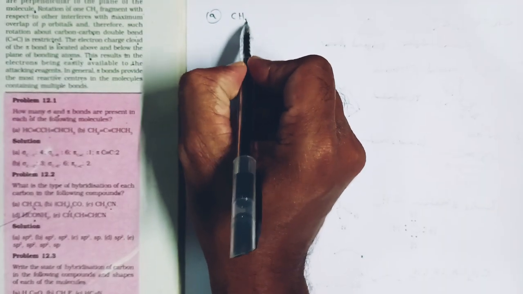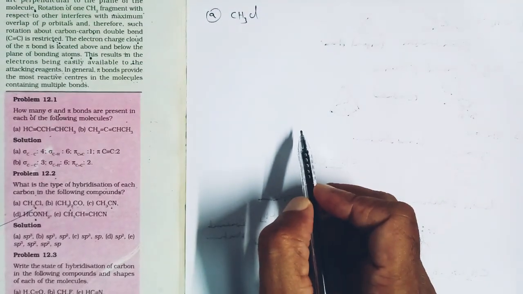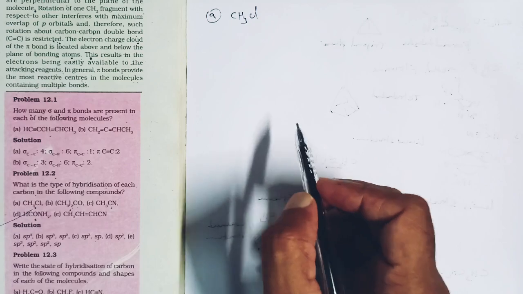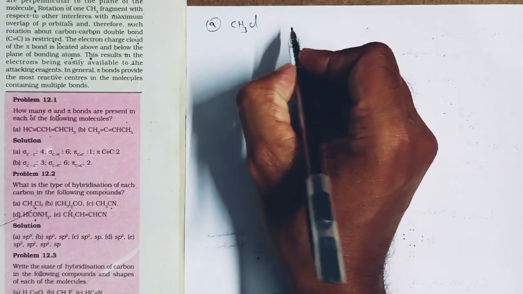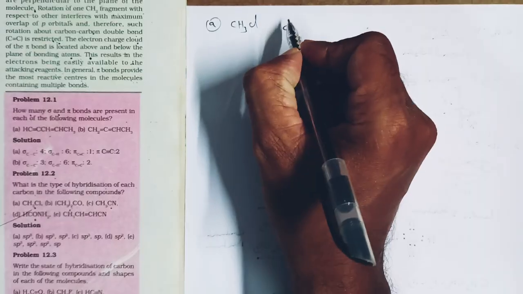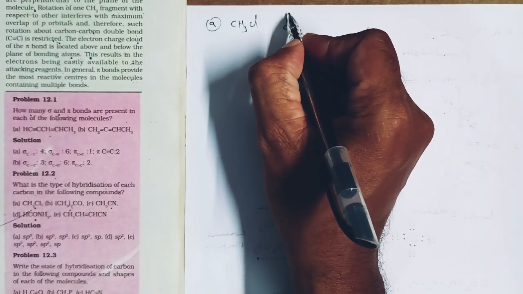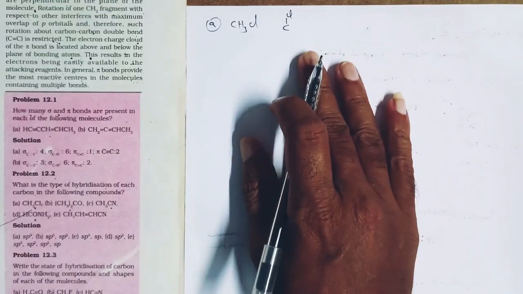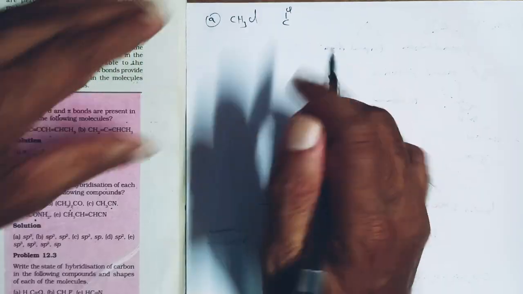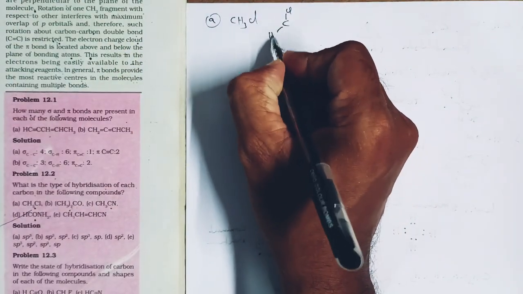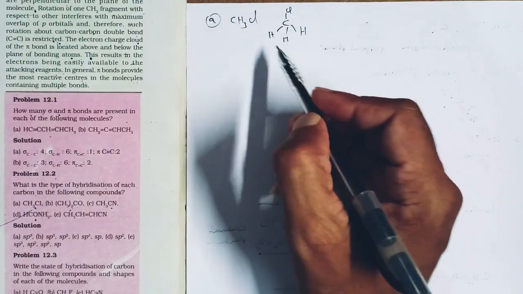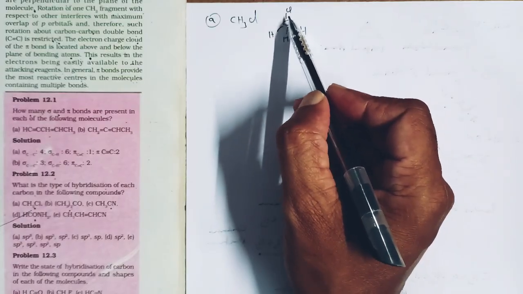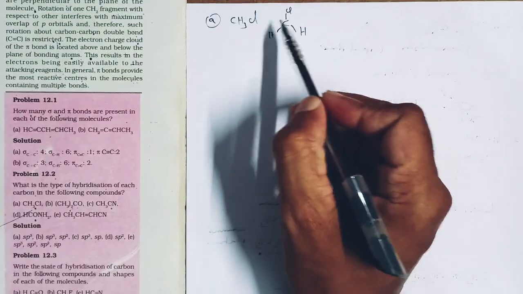CH3Cl. Now this CH3Cl, we will write the structure, we will expand the structure like Cl, like this, and here H, here H, here H. So carbon is having all single bonds.